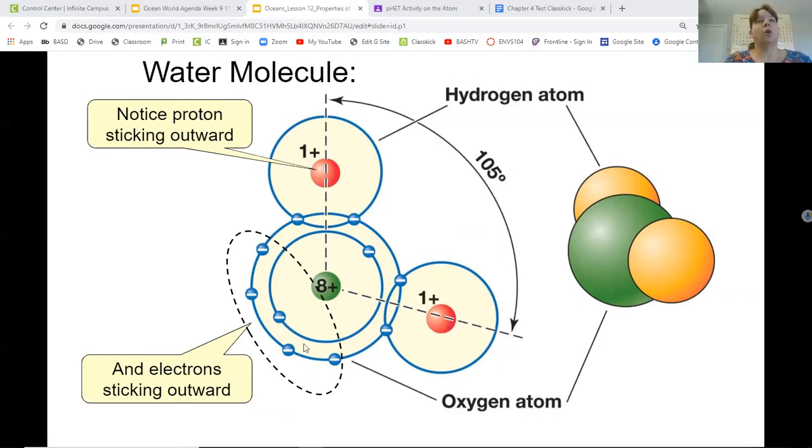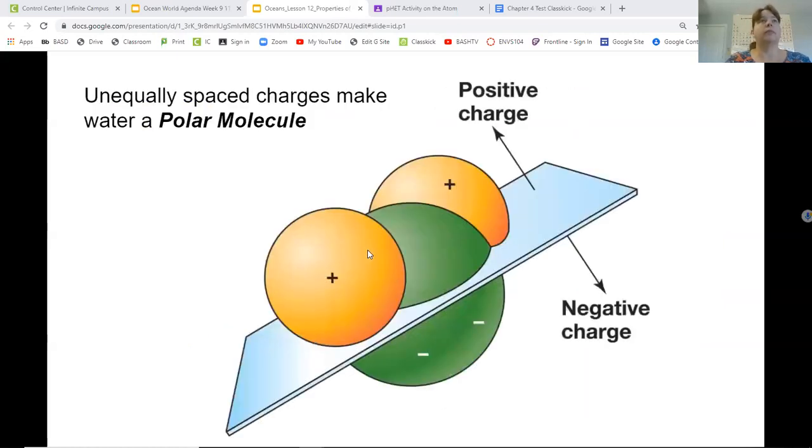So as a result, the oxygen part of this molecule becomes slightly negatively charged. It has a negatively charged region sticking out. And the hydrogens have a positively charged region sticking out because their protons are exposed and their electrons are pushed to the inside. So this results in what is called a polar molecule.